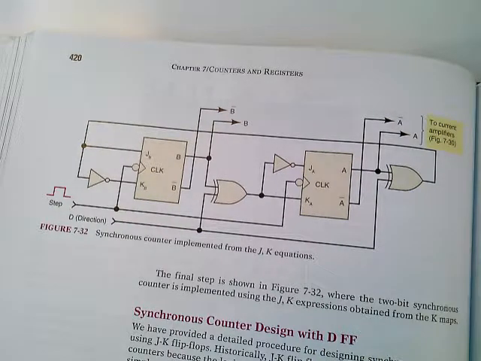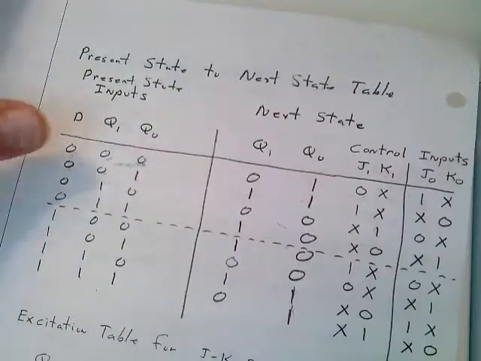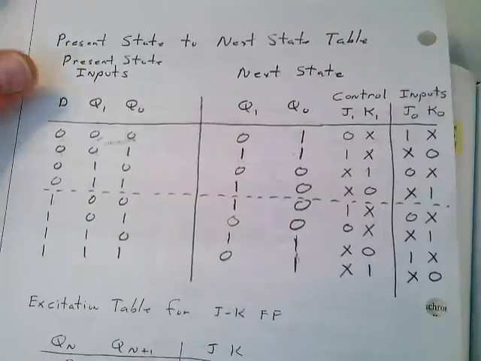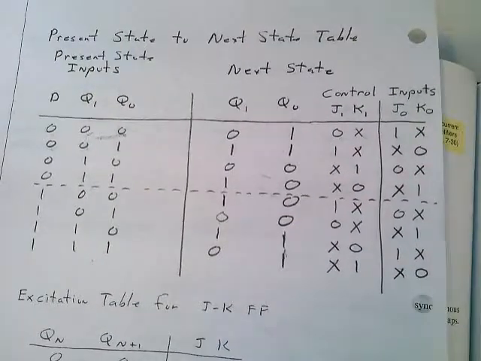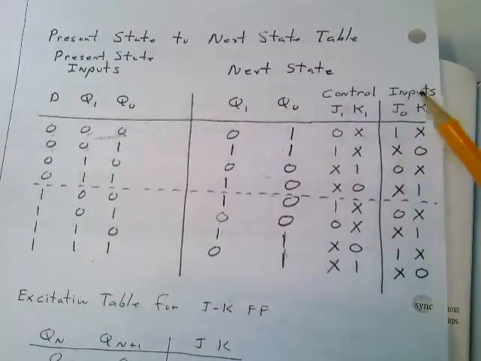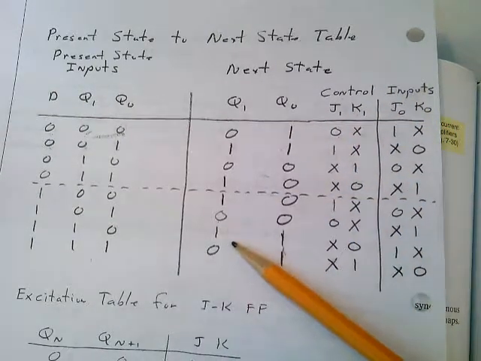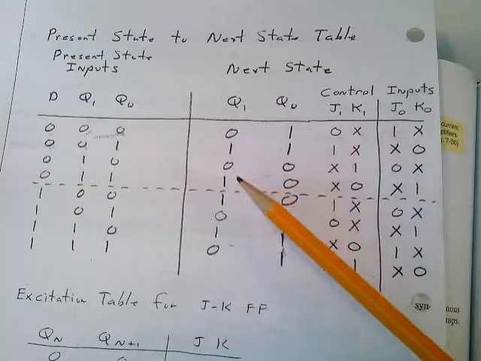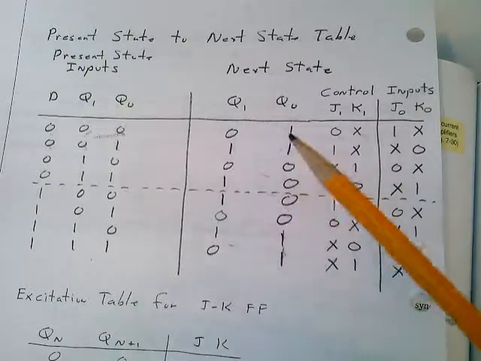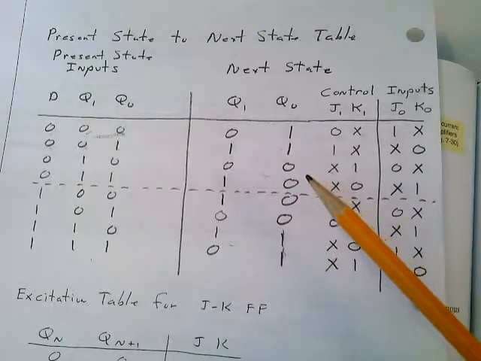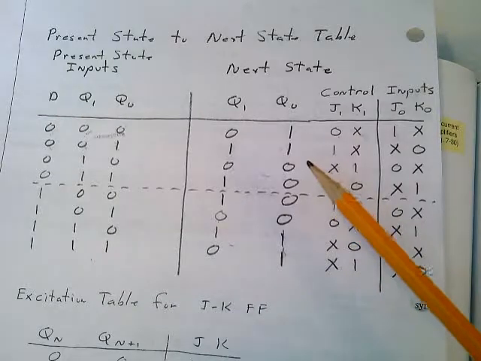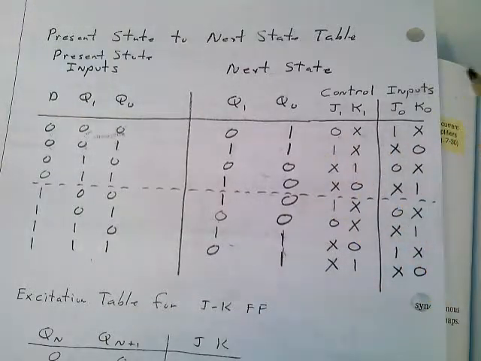The only difference is in our present state to next state table. We're going to start including these control inputs. And if you include the control inputs and make them part of the table, you can go straight. I mean, the procedure is pretty easy. You determine the number of states you need. That determines your number of flip-flops. And then you have your state transition diagram.